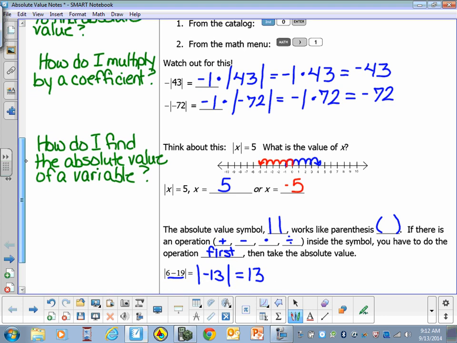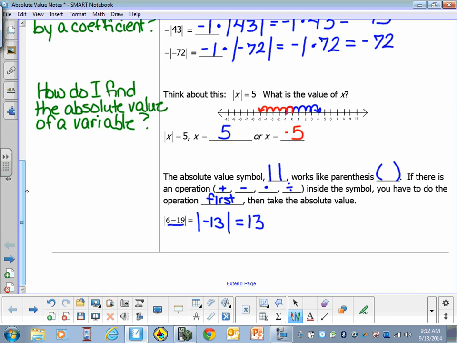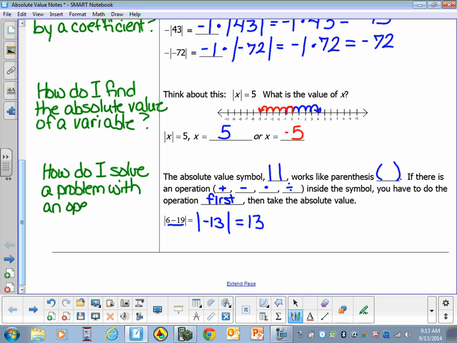And the last sections of notes for this lesson talked about performing an operation inside the absolute value symbol. So how do I solve a problem with an operation and absolute value?